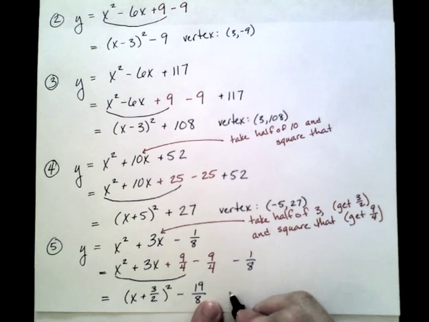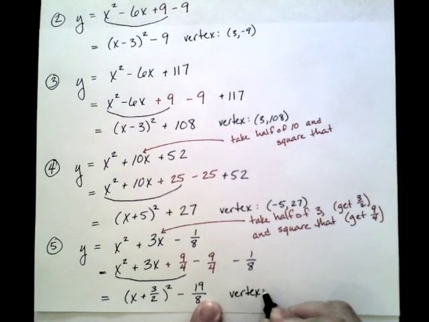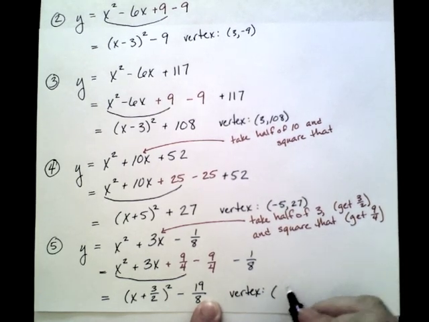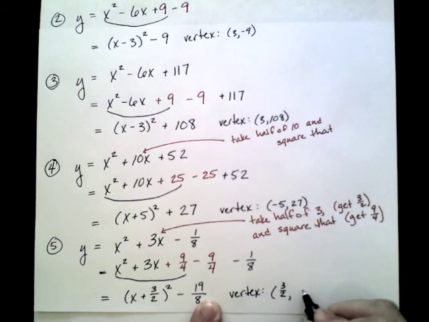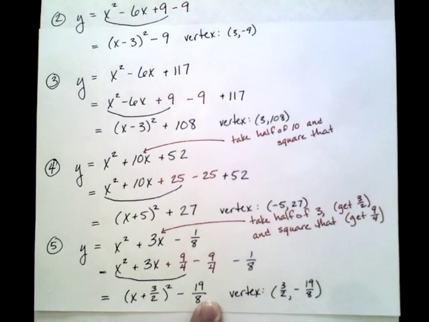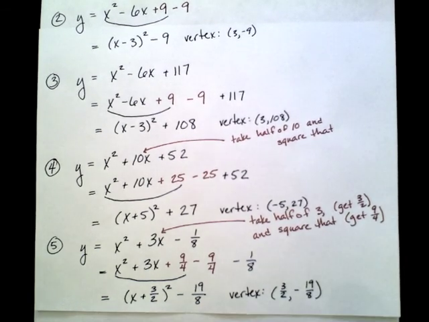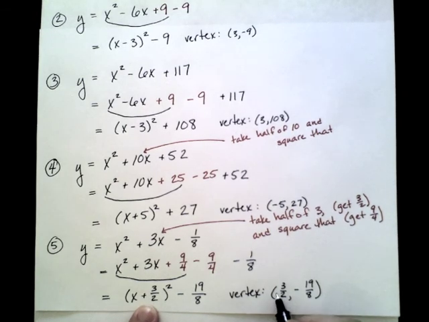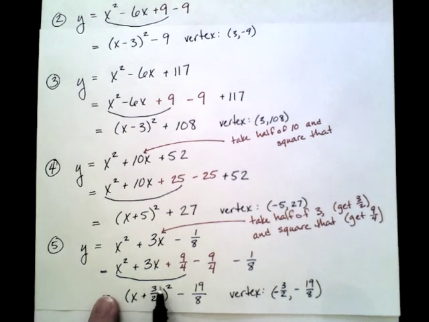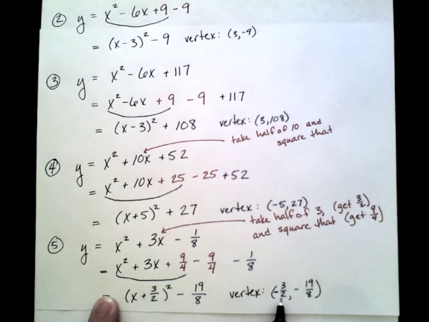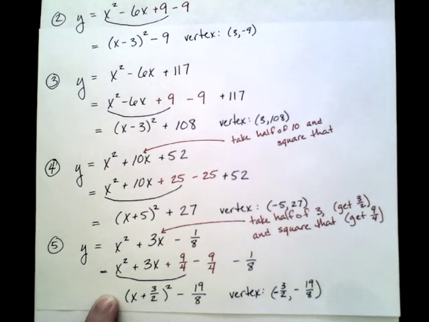So my vertex is 3/2, negative 19/8. Oh my goodness gracious, look at that. It is not 3/2. It's negative 3/2, because remember, we always take the opposite of this. So this was positive, and so the x-coordinate of the vertex is negative 3/2.